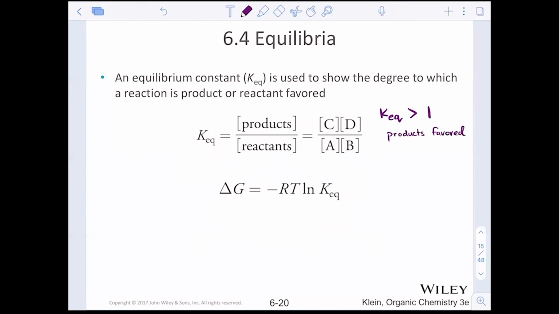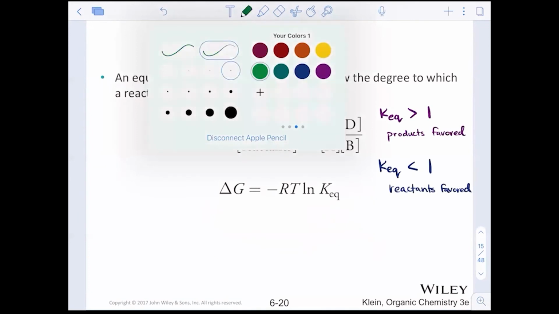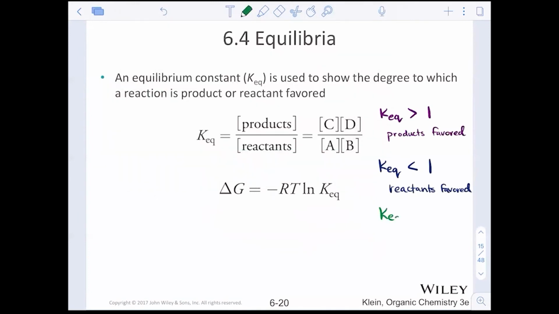If the reaction KEQ is less than 1, the reactants are favored. And then if the KEQ is equal to 1, neither are favored. Reactants and products are equal in concentration.